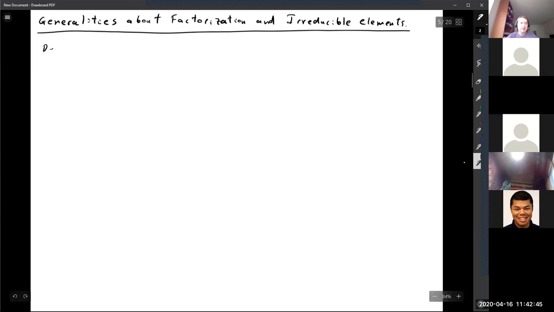the general commutative rings with unity. Definition 1 for us today.